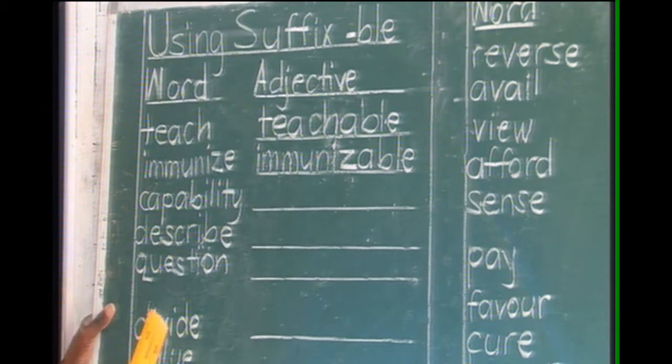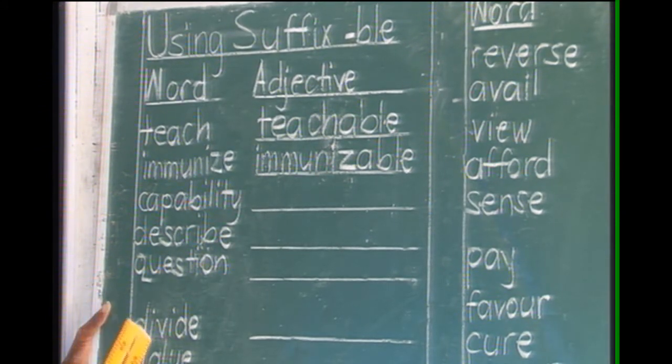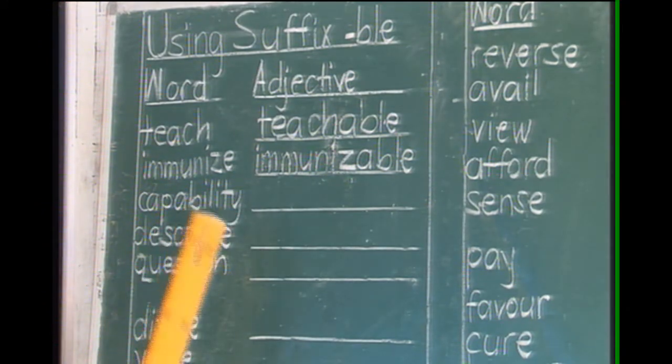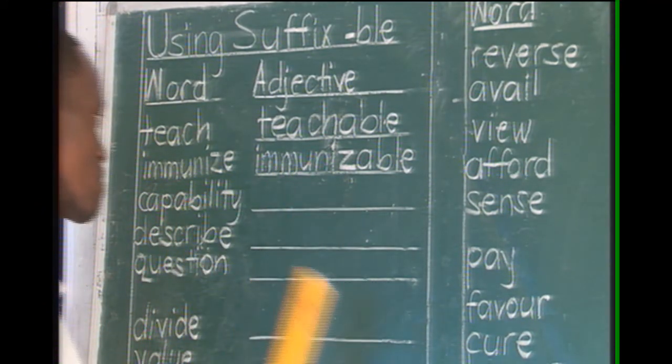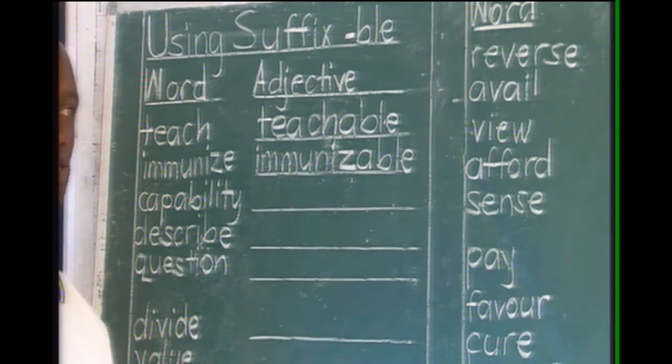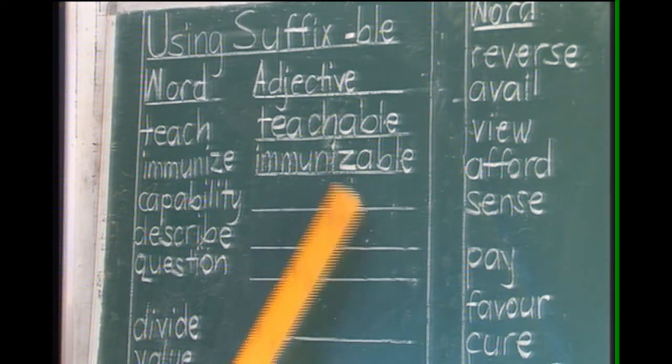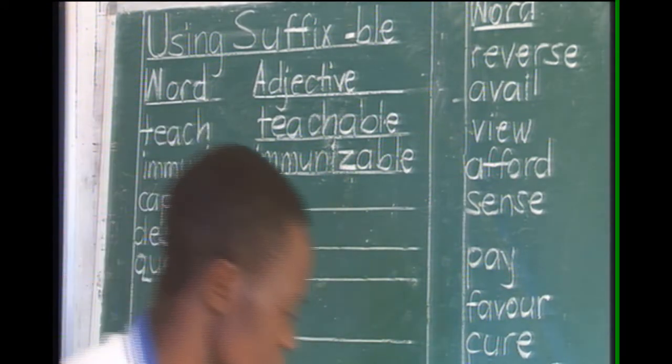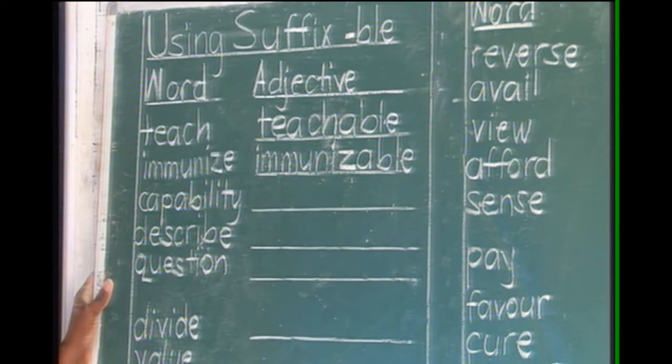For example, COVID-19 is an immunizable disease. You can be given a vaccine, or you can be immunized against the disease. Immunizable is the adjective formed to modify the noun disease in that sentence.